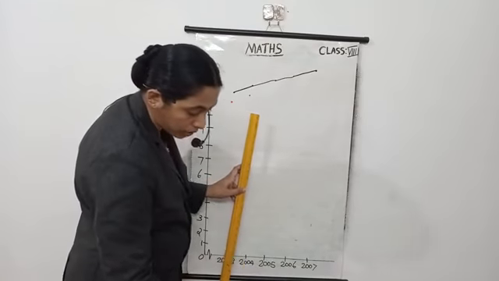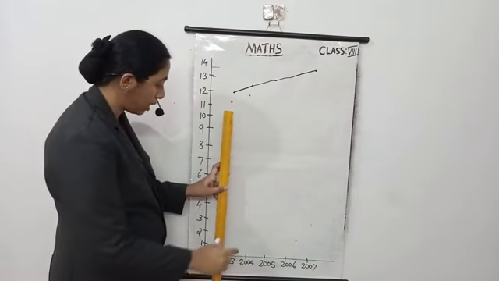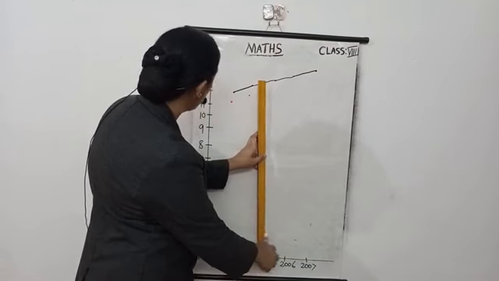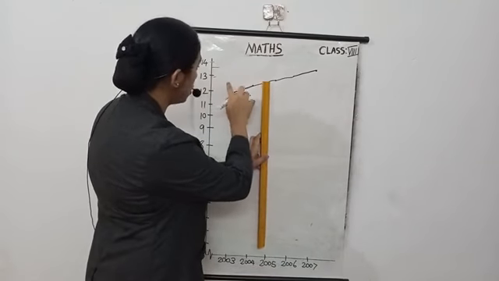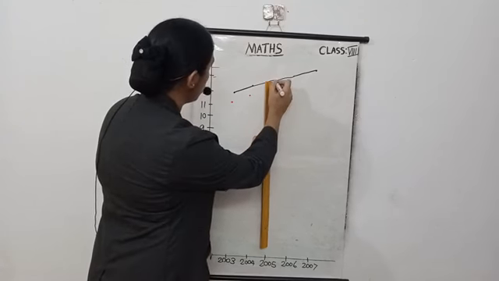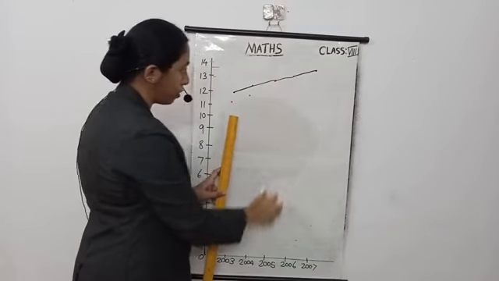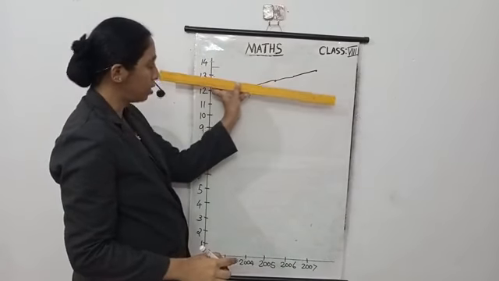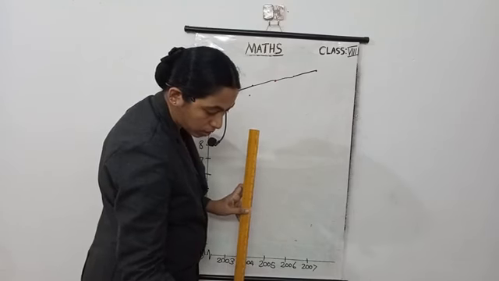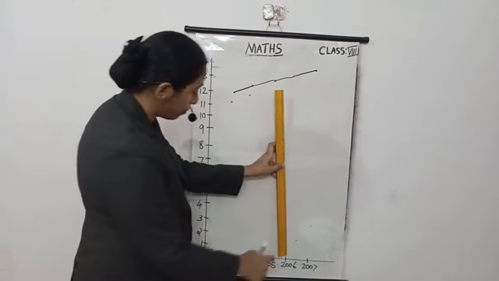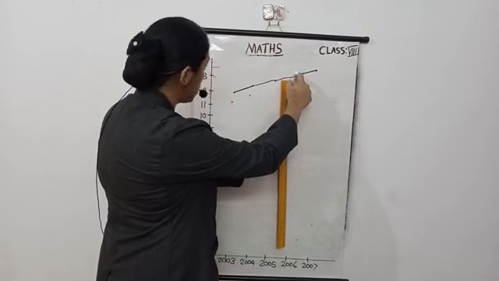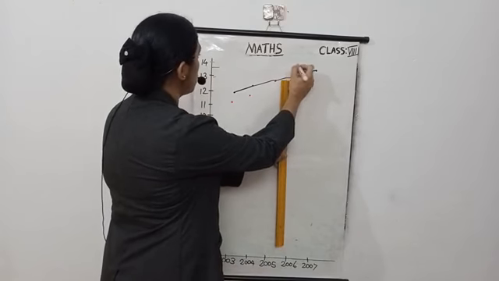11.9. Now next is 2005, 13. So 2005 corresponding to 13. So this is 13. Both have the same point. Okay, 13. Now next is 2006, 13.6. So 2006, 13.6.